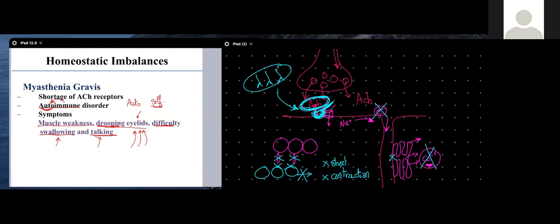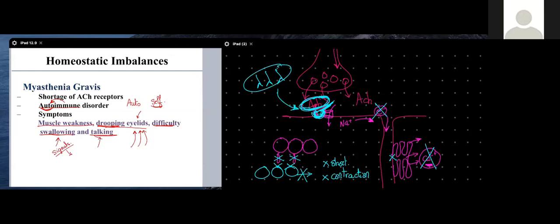They need lots of signals to be sent to the muscles, to not only one group of muscles, but to many groups of muscles, and they need to coordinate together in order to allow you to speak or allow you to swallow.